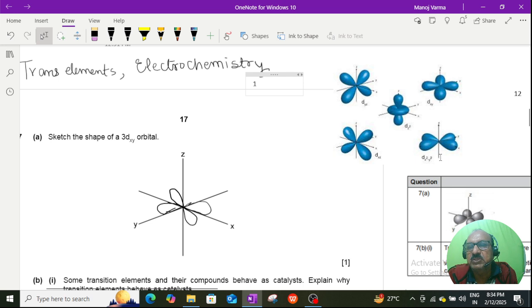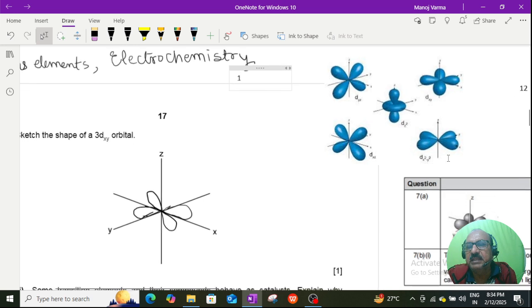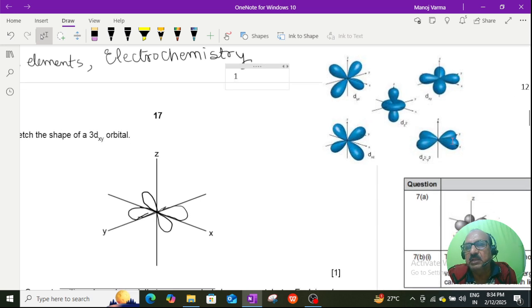Just to tell you that if it had been a dx square minus y square orbital, in that case the lobes would be on the axis. Here the lobes are in between the axis. Here the lobes will be on the axis.